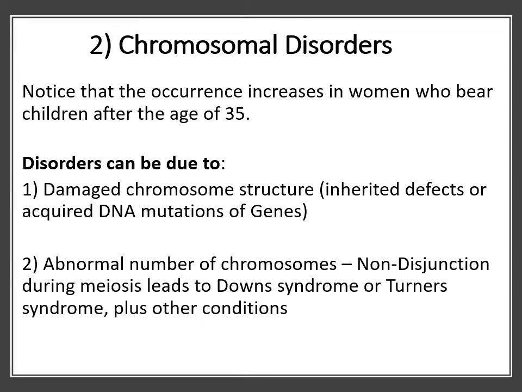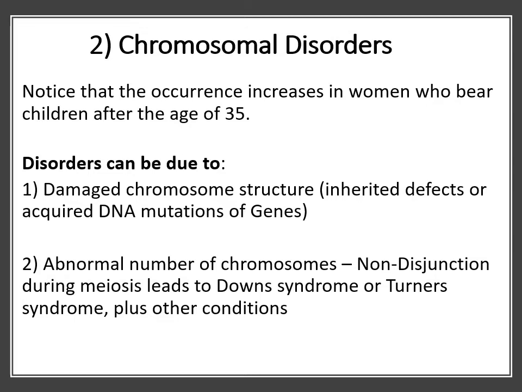Damaged chromosomal structures, such as inherited defects or acquired DNA mutations in certain genes, or there's just a totally abnormal number of chromosomes because during meiosis they didn't separate properly. So you might have one gamete that has one completely extra chromosome, or you might have a gamete that has one completely missing chromosome.